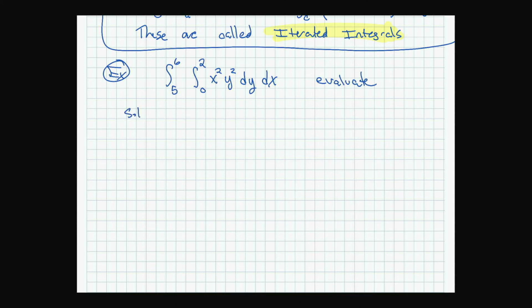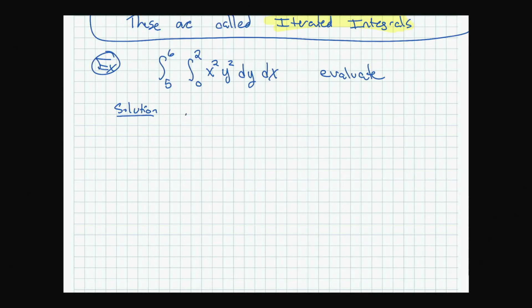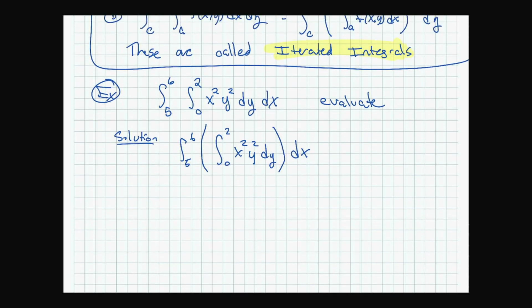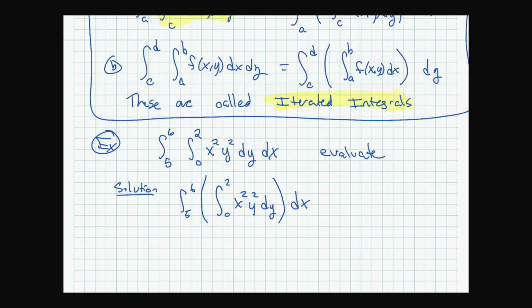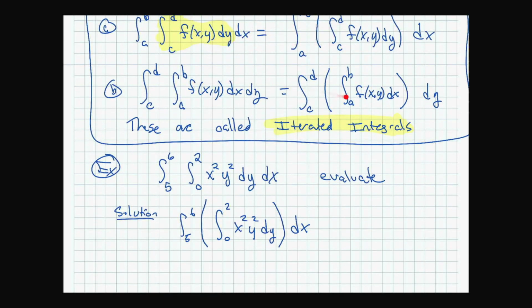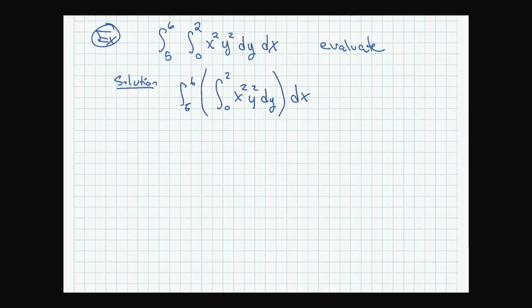So solution, right? So you have this integral from 5 to 6, and then parentheses 0 to 2, x squared, y squared, dy, dx, right? Now, what I just did here is just interpreting it according to these definitions, according to the first one. I just put the parentheses where the parentheses go, okay?